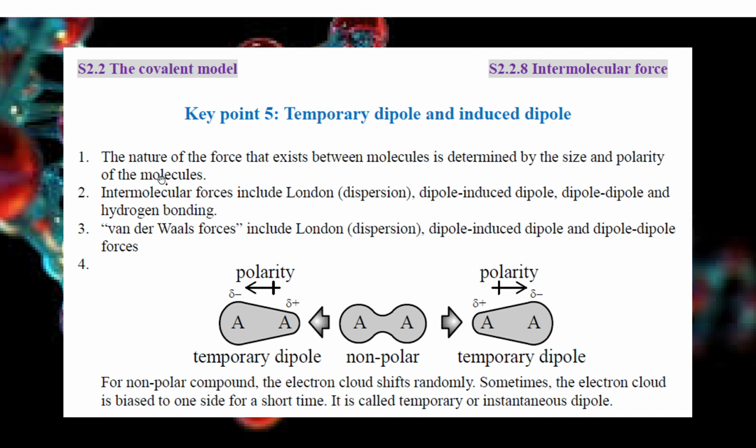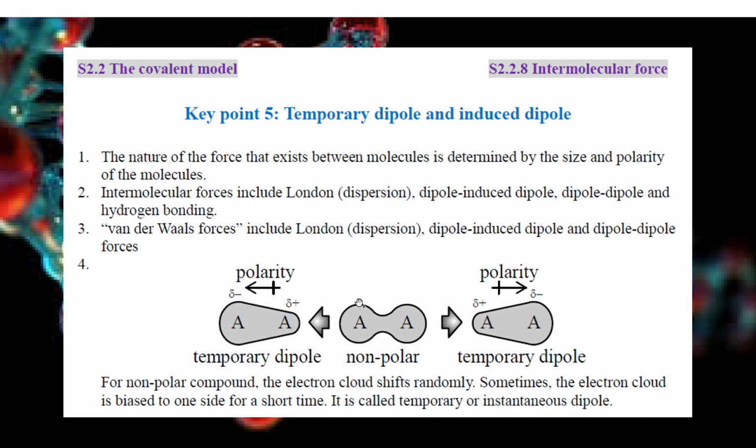All these things we call intermolecular force. And we say van der Waals forces are different. We want to separate the strong hydrogen bond from the other weak ones. So we call the three weak ones van der Waals force.